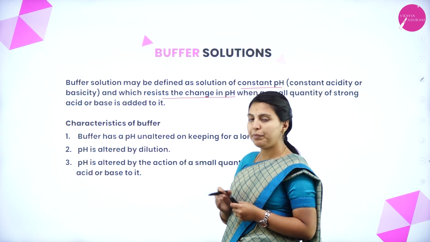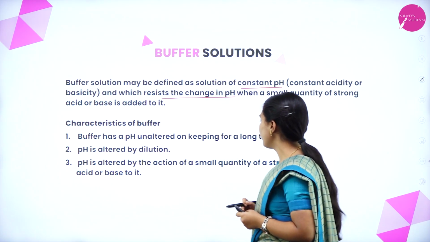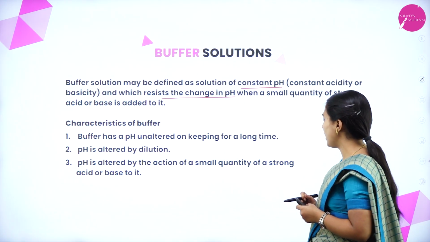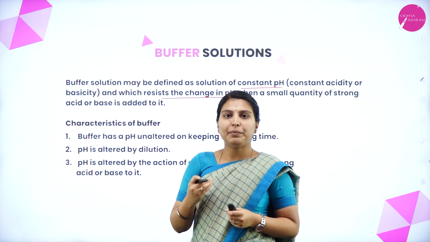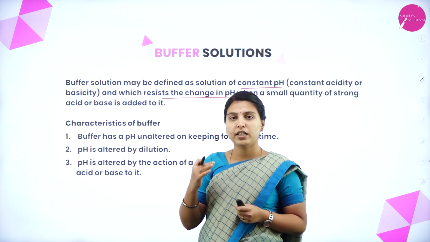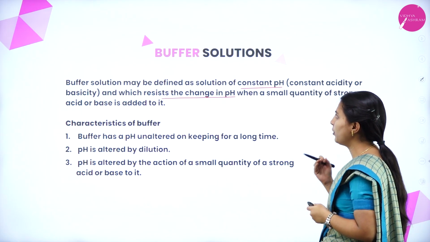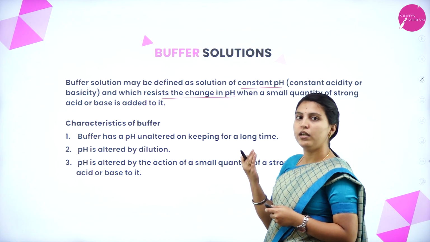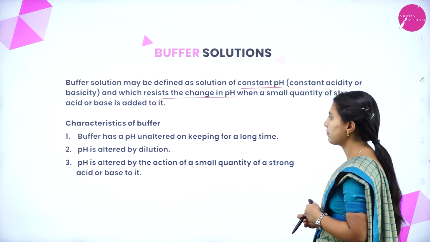So pH will be altered by dilution. pH is also altered by the action of a large quantity of strong acid or base added to it. This is about buffer solution and its properties or characteristics.